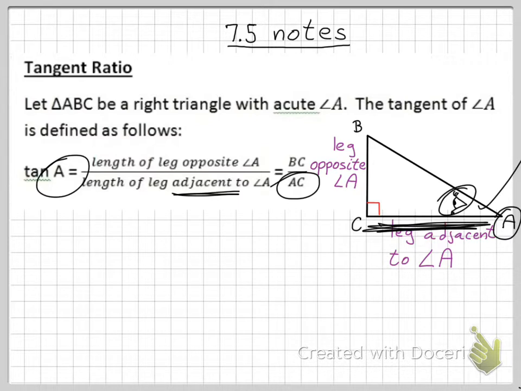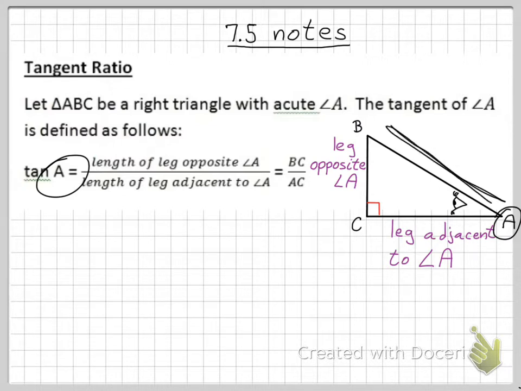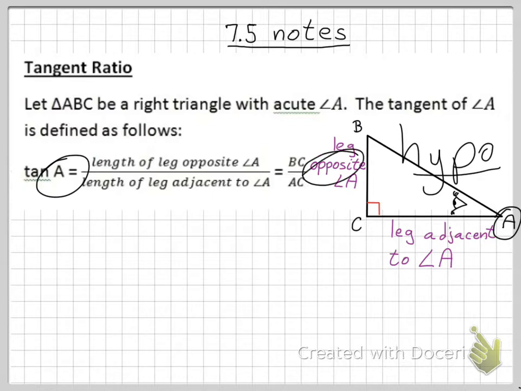That's AC, is adjacent. And you might be thinking, well, wait a minute. Why isn't AB adjacent? Okay, the answer is AB is the hypotenuse. And the hypotenuse is only considered the hypotenuse. The hypotenuse is never called the opposite side, and it is never called the adjacent side.